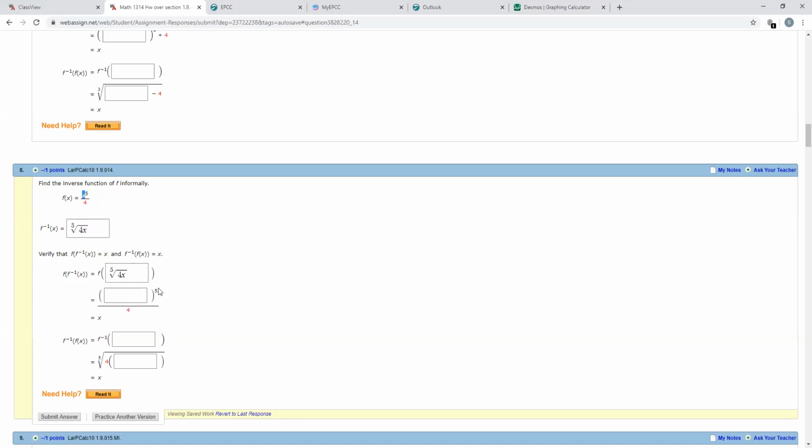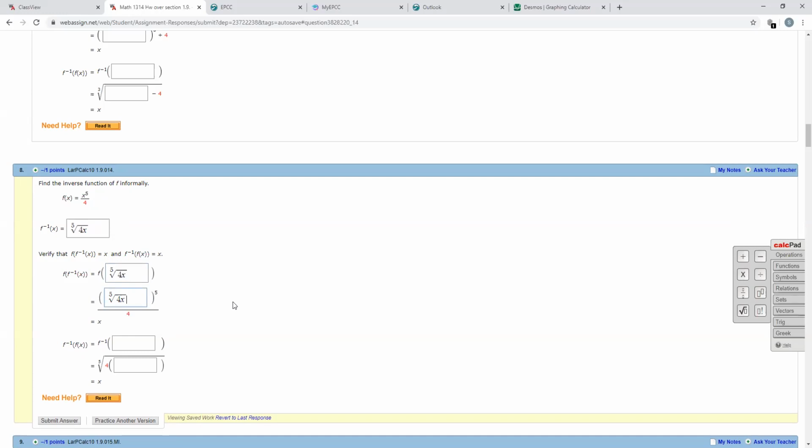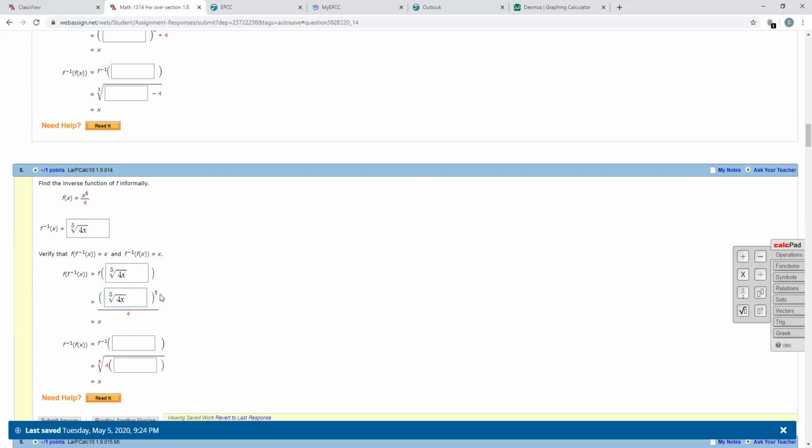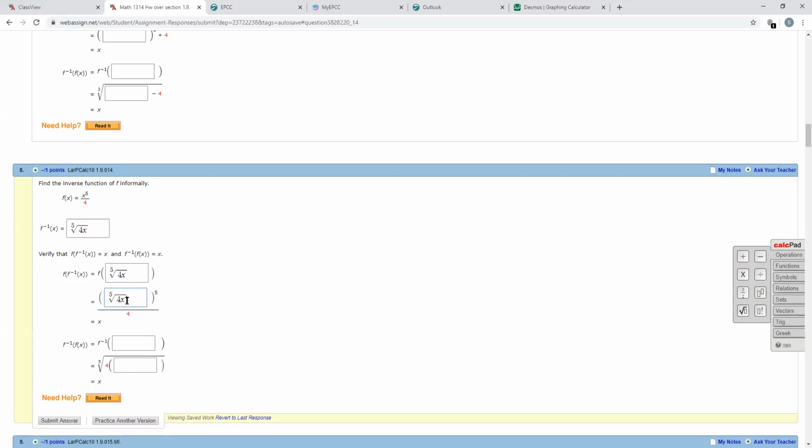This powering of 5 is still right here. What goes inside this powering of 5? Well, this part. And then we showed how the fifth root composes out with the powering of 5, and then all you'd have left is 4x divided by 4. The 4's would divide out to 1, and you would be left with 1x or x, and that was a check. That's what we did on our paper.